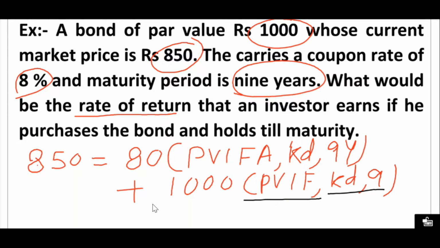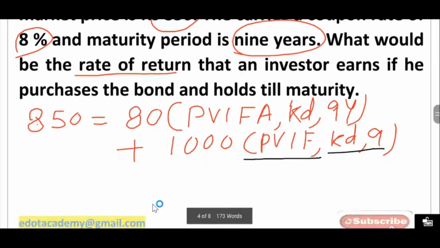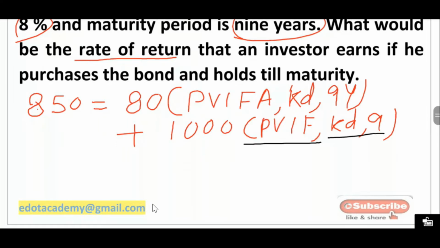Okay. So this is the method because we are going to calculate the YTM. This method is called hit and trial. So let's take 12%. So KD I'll put here 12%. Then we'll see what value we are getting. So let KD be 12%.